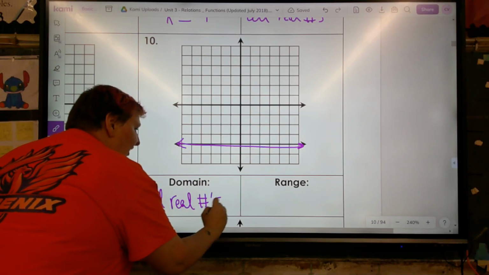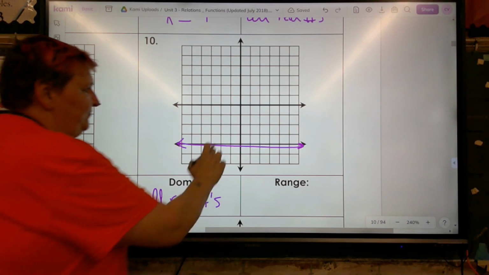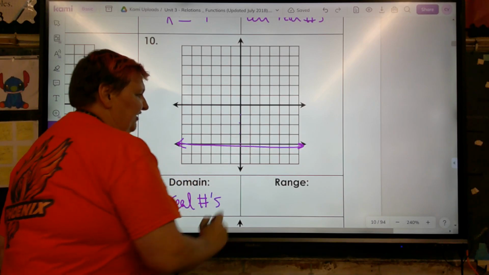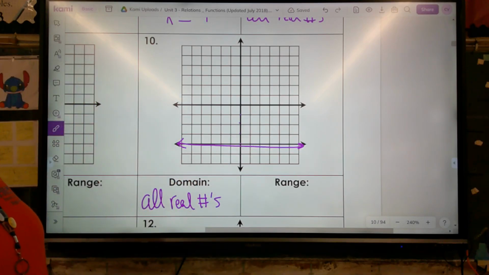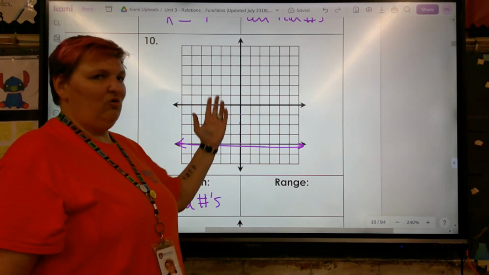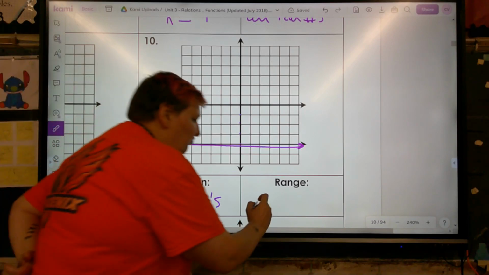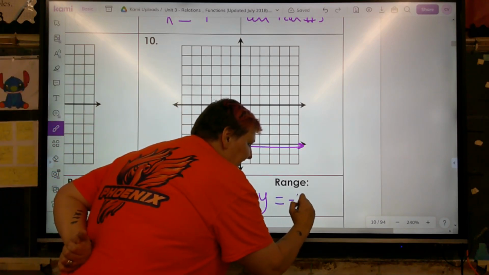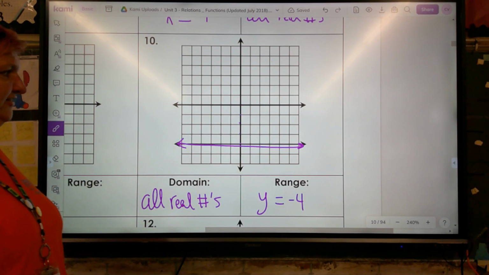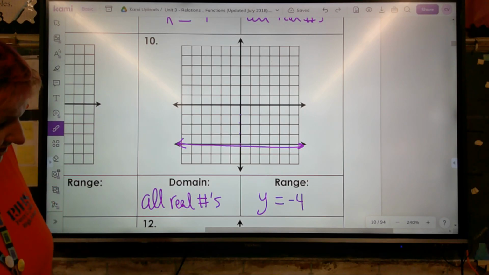But what about the y value? Where is that? 1, 2, 3, 4. It's at -4. It's not going to go over -4 or under -4. So literally y has to equal -4. That's the only thing it could equal.